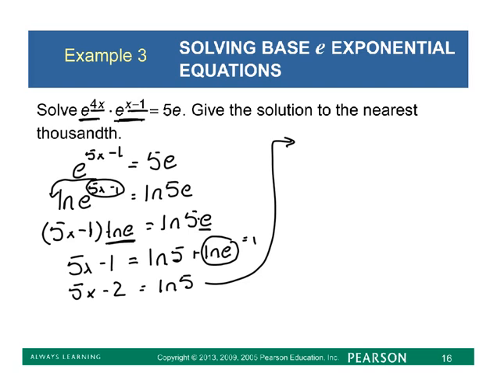And now to solve for x, just like a regular equation, treat this as a number because it is a number. We just say subtract 2 from both sides to get 5x equals ln of 5 minus 2.